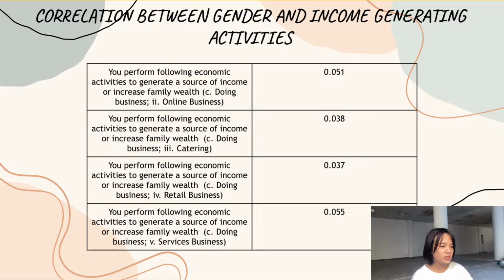Next is doing retail business. The Spearman value is 0.037, which is weak positive interaction. Lastly, doing services business also shows weak positive interaction with the Spearman value 0.055. However, most of the interactions are near zero, meaning almost no interactions.